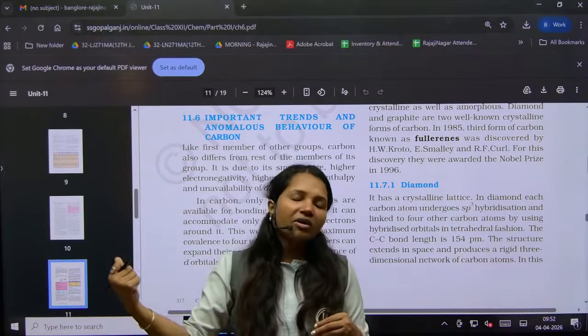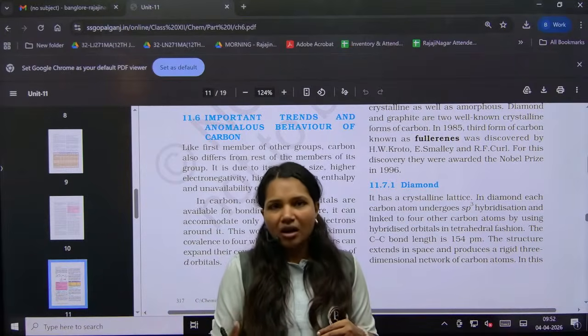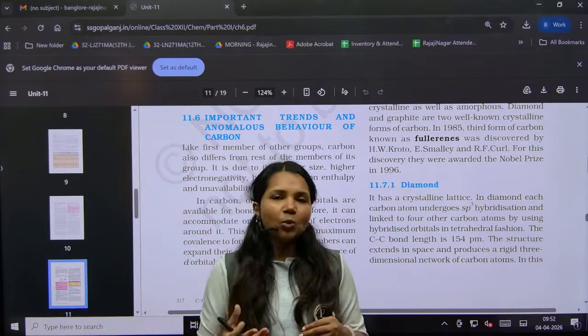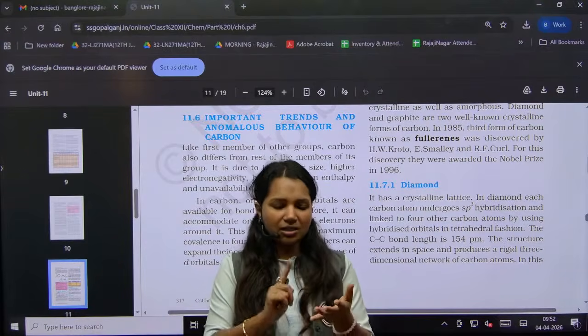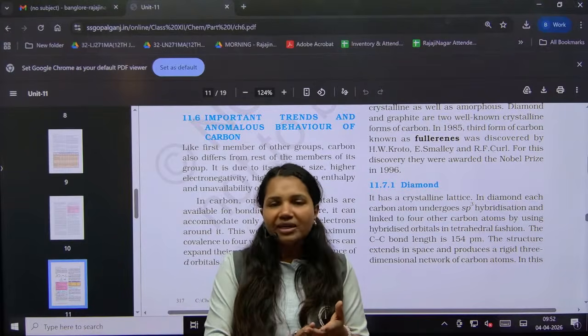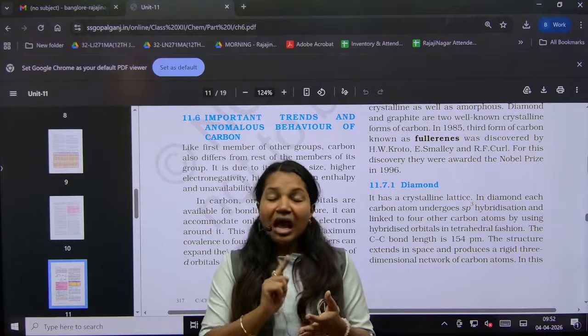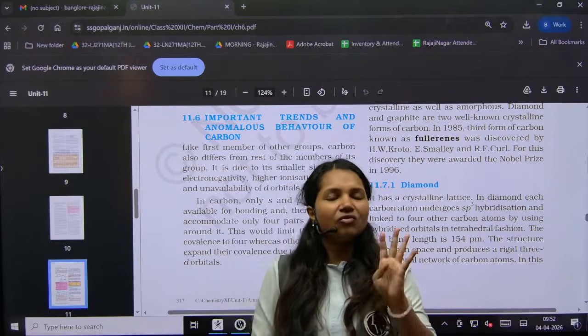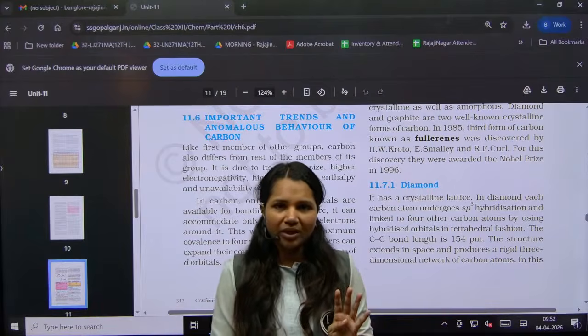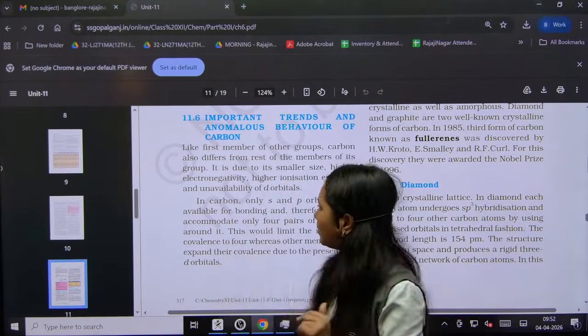So removal of it becomes difficult and we have to provide larger energy. So small size, high electronegativity, absence of d orbitals and high ionization energy, these are the four reasons behind the anomalous behavior of all the first group elements.